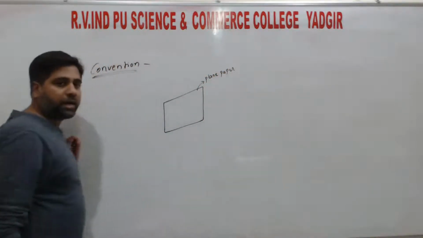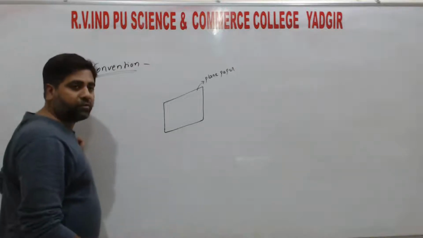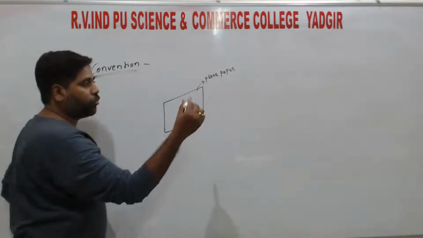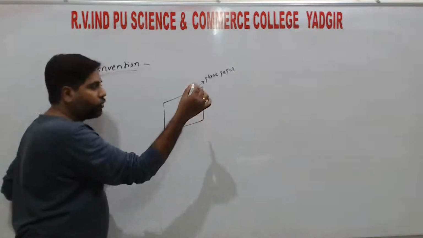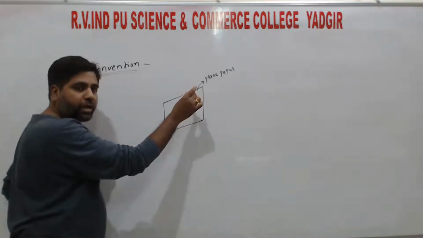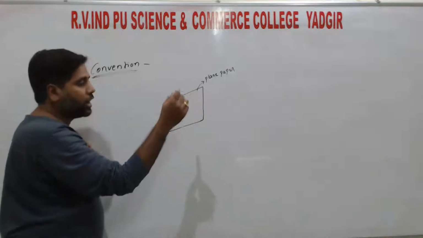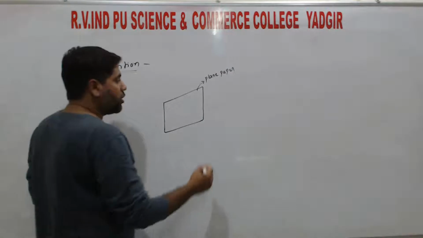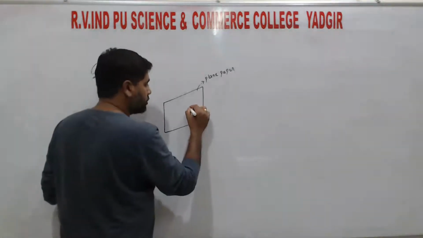If the current or field is moving into the plane of the paper, like into this board, then we represent it by a cross mark, right?